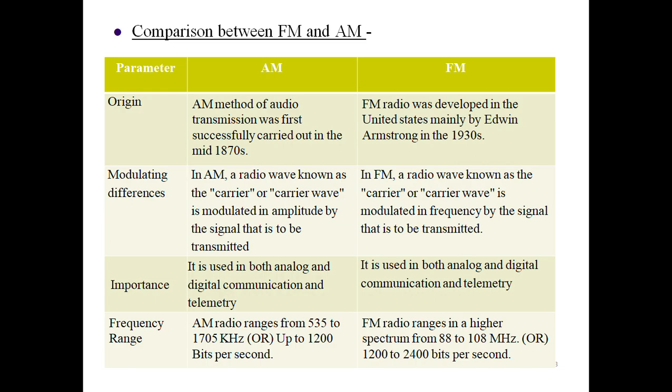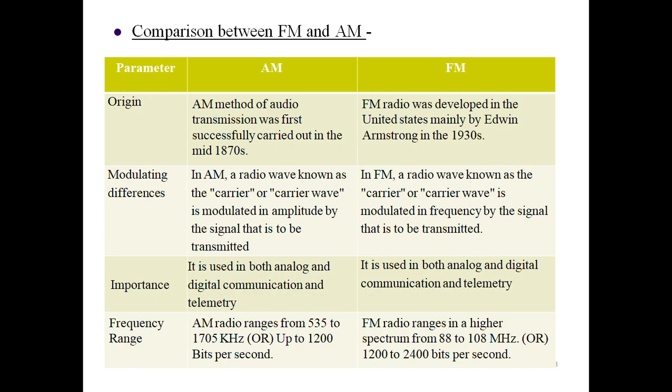The first amplitude modulation was designed to transmit an audio transmission. In the differences, we know that in AM, a carrier is modulated in amplitude, but in FM, the frequency of the carrier is modulated.